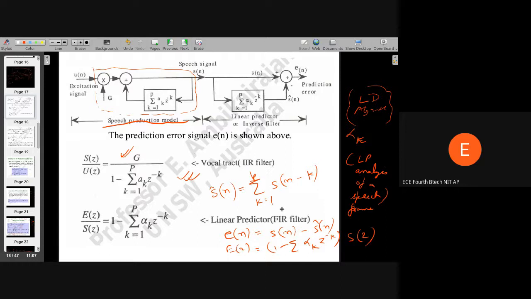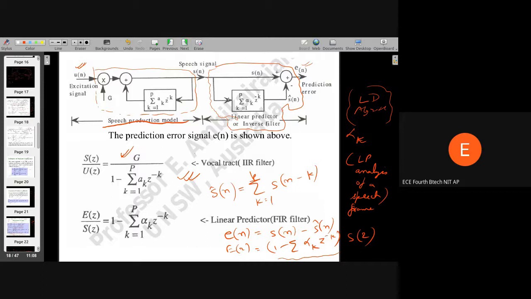So if you have the speech signal, and you put it through this linear prediction filter, we call it the linear predictor filter, you will get an error signal e(n), which we want to be the same as this signal.